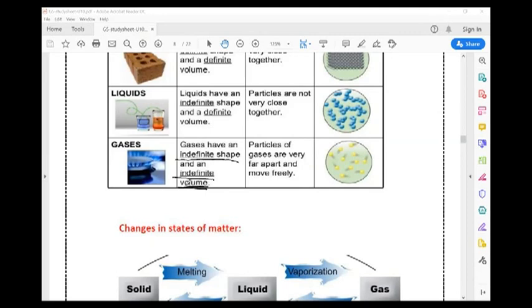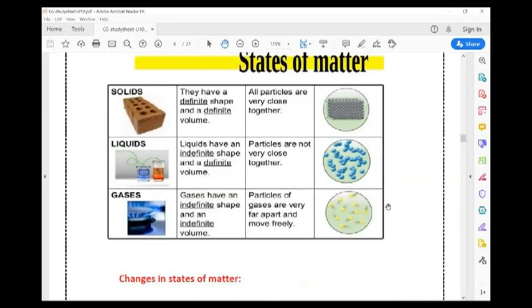Okay, so to compare between the three states of matter, solid has definite shape and definite volume, but liquid has definite volume but indefinite shape.